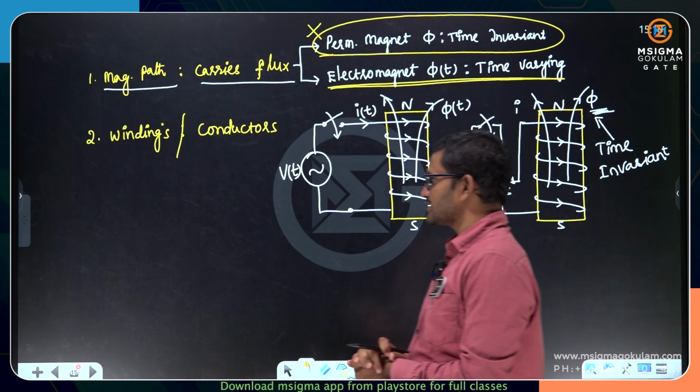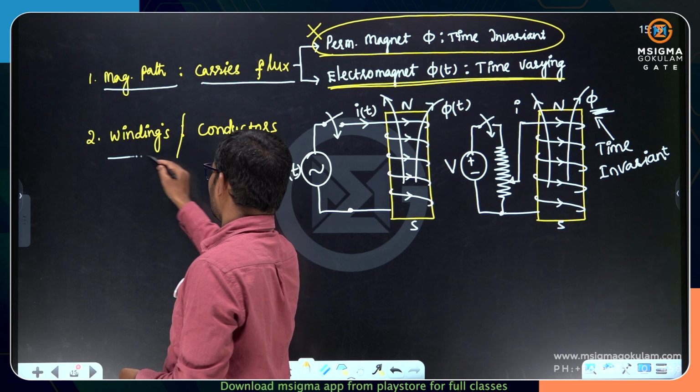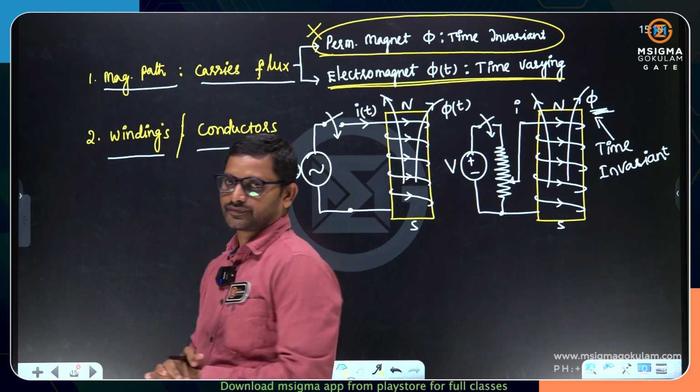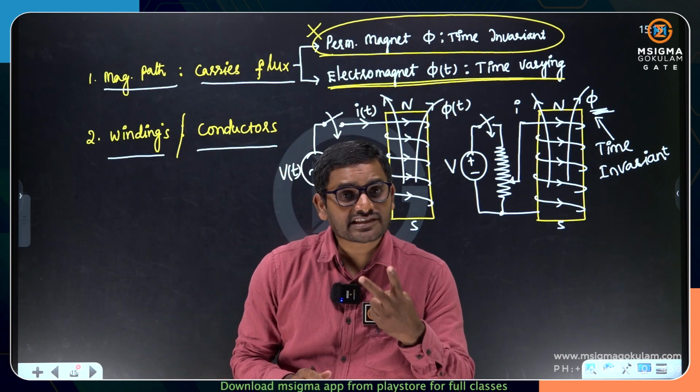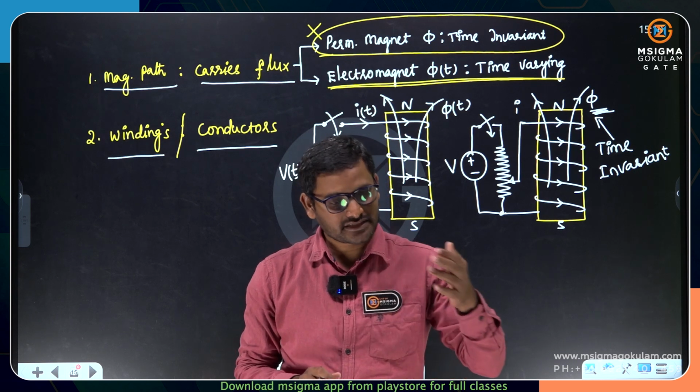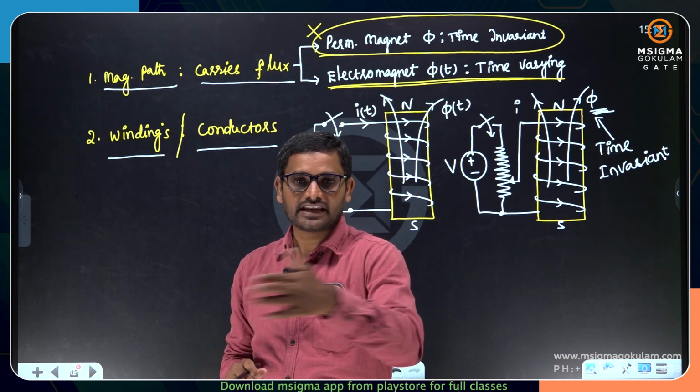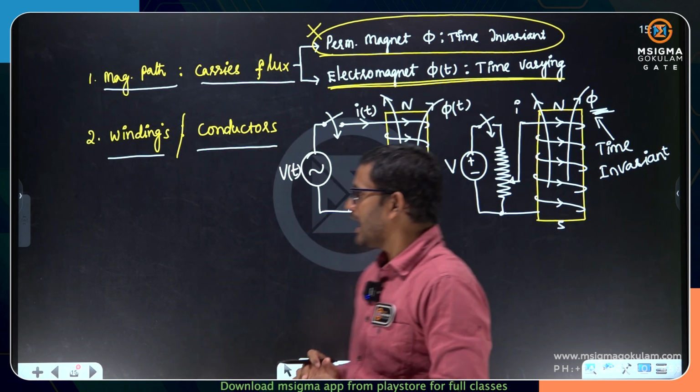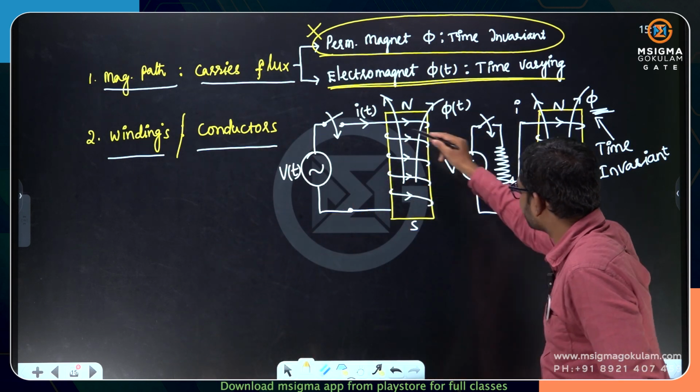And the second part is winding or conductors. I said two windings we will be using in each and every machine, whether it is a transformer, DC machine or any machine, two windings. Out of two windings, this is one winding.